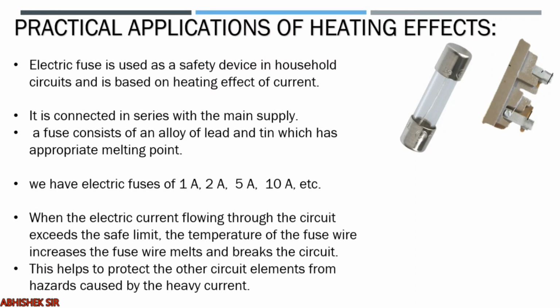That is why the fuse helps to protect the circuit elements from the hazards caused by heavy current. Remember, we have electric appliances worth thousands of rupees and lakhs of rupees. So if heavy current goes inside and damages them, it will be a huge cost. Instead the fuse is damaged, stopping all the heavy current.